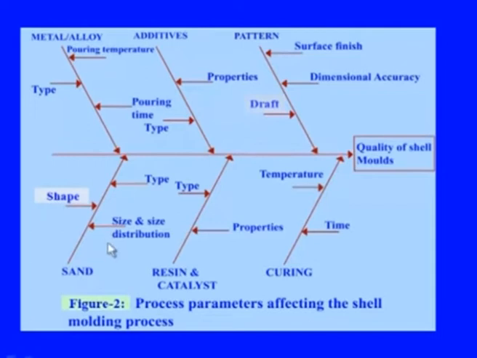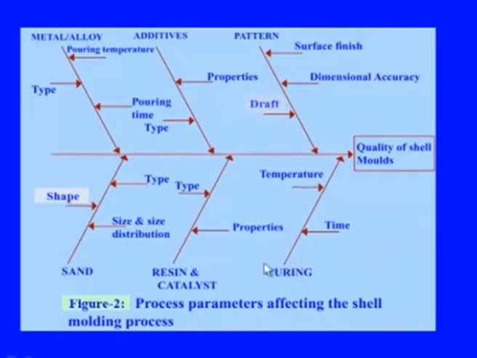The size and size distribution influence the finishes that can be obtained. Then other parameters like resin and catalyst based parameters. In this also the type of the resin and catalyst and their properties can influence the overall quality of the product.